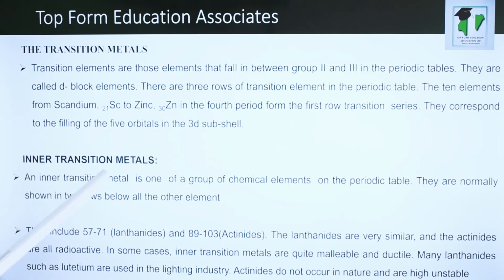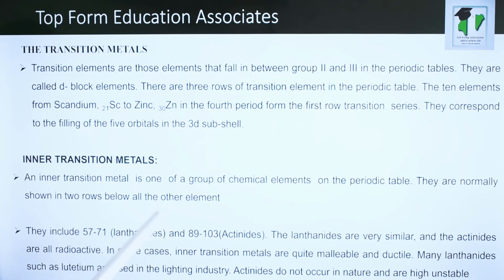Inner transition metals. An inner transition metal is one of a group of chemical elements on the periodic table. They are normally shown in two rows below all the other elements. They include 57 to 71, that is the lanthanides. What did I say? Lanthanides.